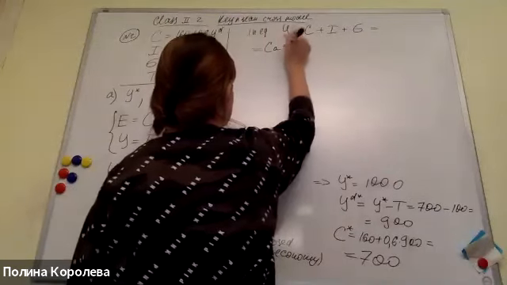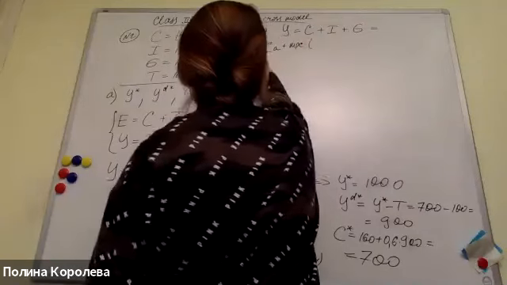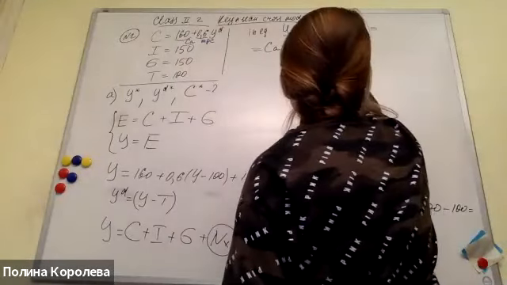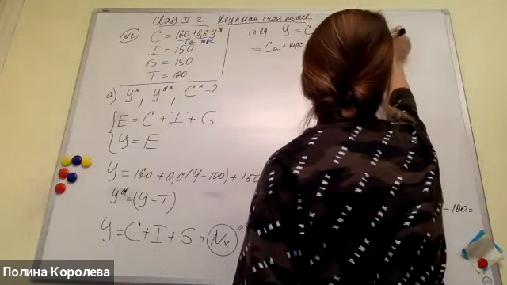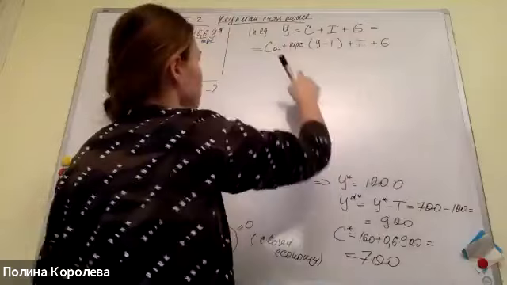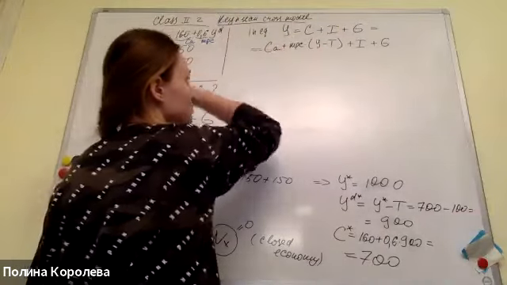So here we will have autonomous consumption plus marginal propensity to consume multiplied by disposable income. Disposable income is our income after we pay taxes. So plus investment plus government spendings. And from here, you can open the brackets and find Y, find GDP.